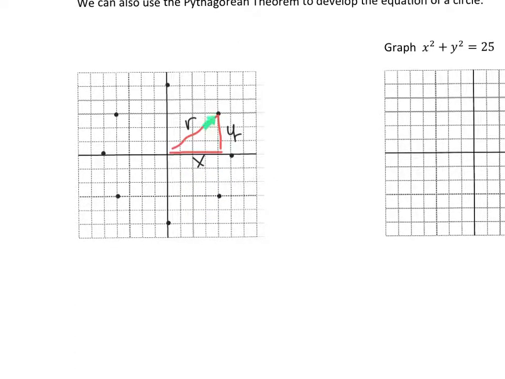If we start trying to sketch our circle from here and come around and catch this point here, how high up does this come? I am going to tell you, and I'll explain it a little later, that it is 1, 2, 3, 4, it's 5 units up. So plot that, and then come out here and plot it at 5, negative 5, and down here 5, and then out here 5. Those are the points we will use to connect our circle.